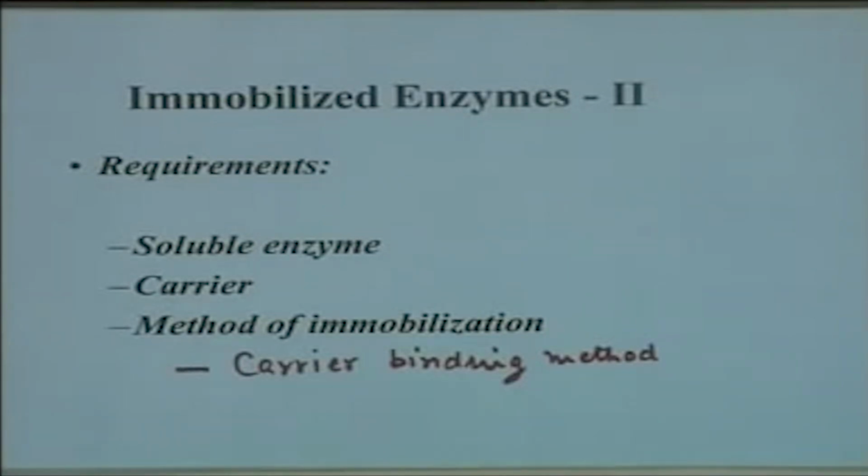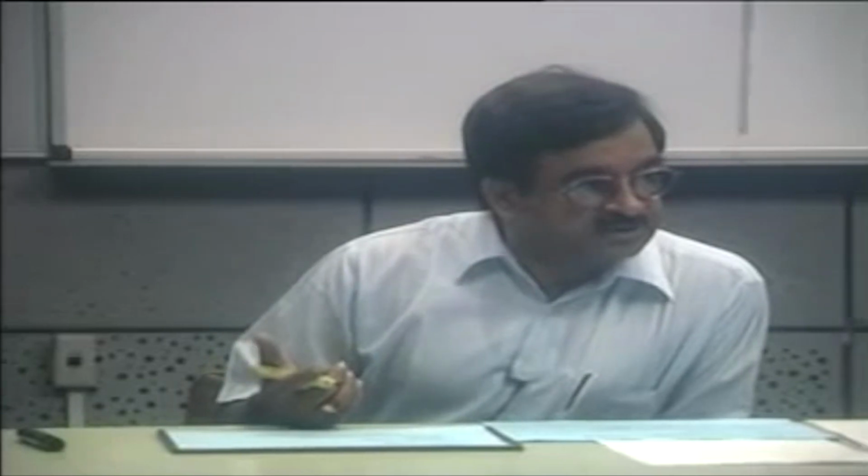It could be a covalent bond, it could be some non-covalent interactions, and those methods fall under carrier binding methods. Typical examples are adsorption, covalent binding, which we will be discussing in detail.